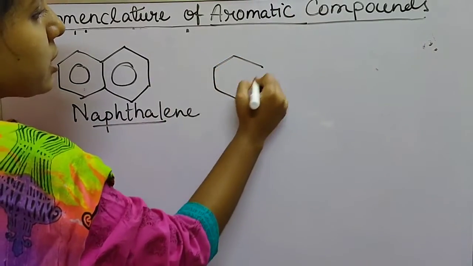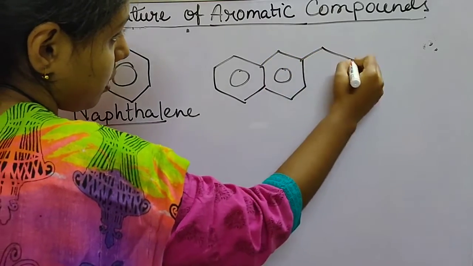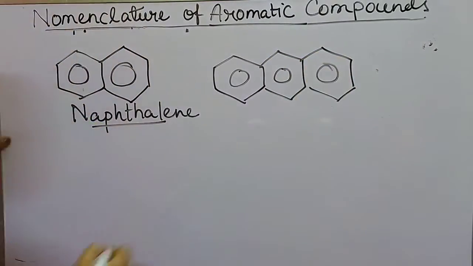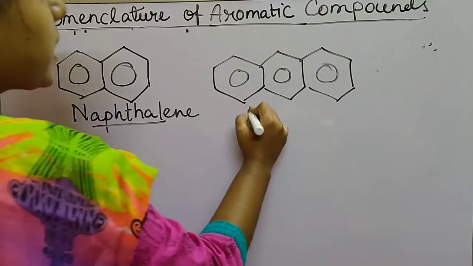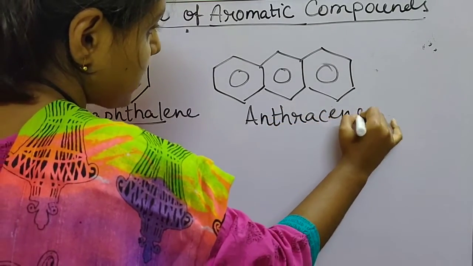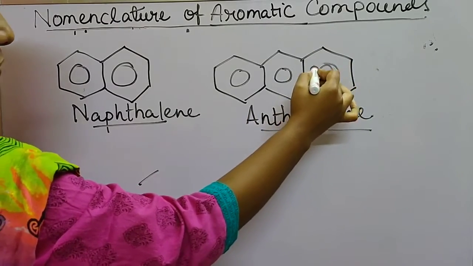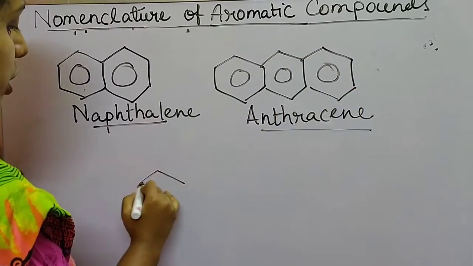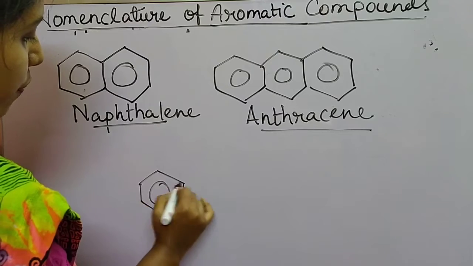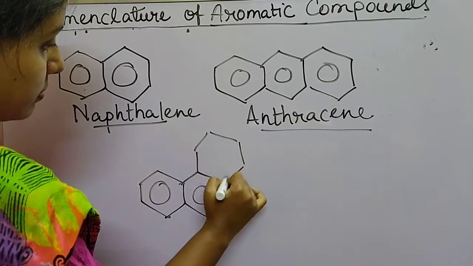When 3 benzene rings are present in this way, then it has the name anthracene. And when this benzene ring is placed in a different position and in a different way, then the name will be phenanthrene.